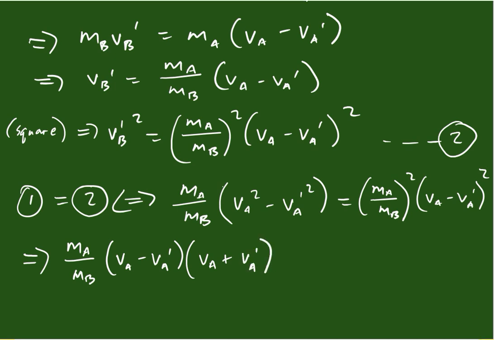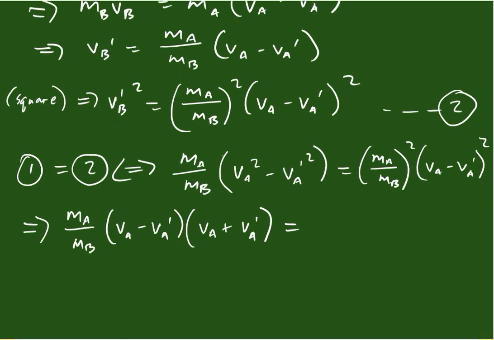So this is the difference between two squares. Then here we have MA over MB squared, and then I'll just write this one here, VA minus VA prime multiplied by VA minus VA prime, because it's just squared, so it's multiplying by itself.